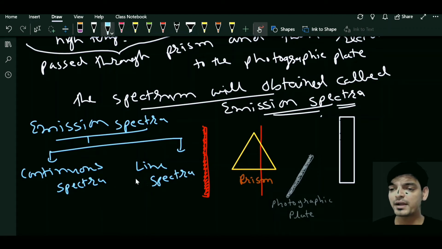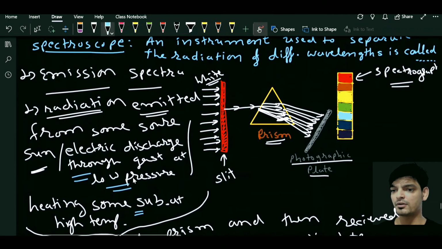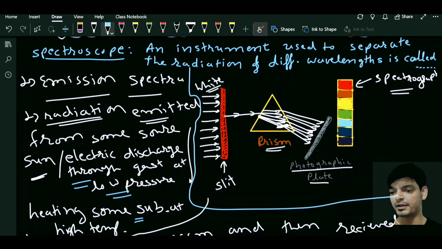See here, continuous spectra means what? This example I have explained to you is the example of the continuous spectra of white light.